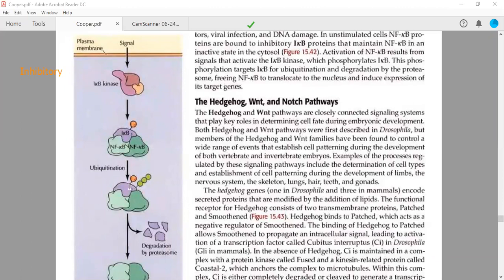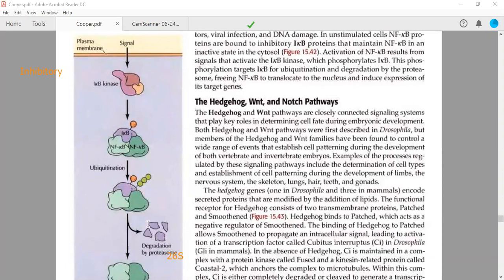So ubiquitin will form a polymer. This polyubiquitin chain will be added over this I-kappa B, so that it will be degraded specifically by a proteasome that is called the 26S proteasome.